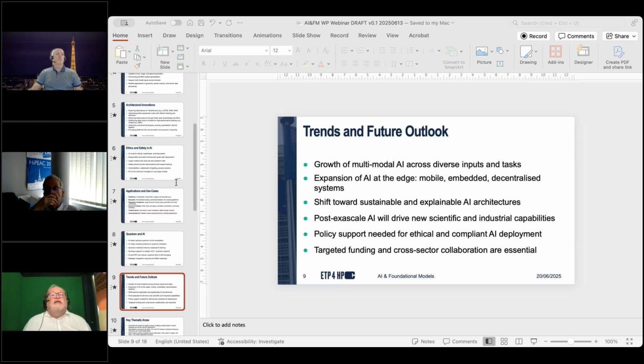Multimodal AI is going to be the norm, combining all those data types, text, vision, time series, geospatial data, etc. Sustainability and energy efficiency is certainly going to be, to quote a Star Wars, a Jedi analogy, a first order constraint.